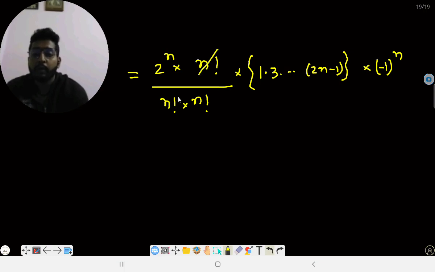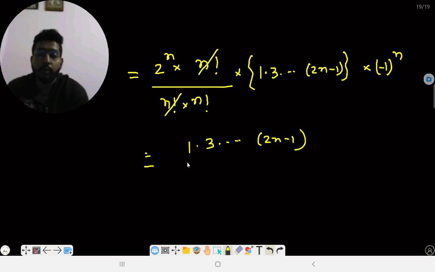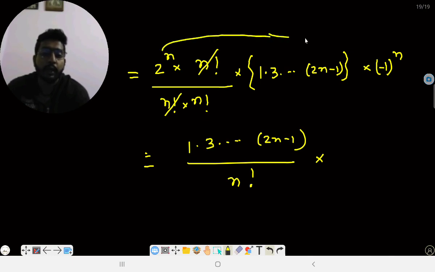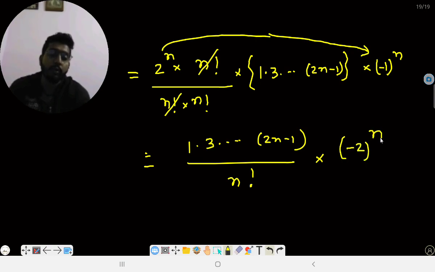So n factorial will cancel out. That will be 1 into 3 into 5 up to 2n minus 1, by n factorial, into 2 to the power n and minus 1 to the power n. If I multiply, it becomes minus 2 whole to the power n. Now this is the proof.